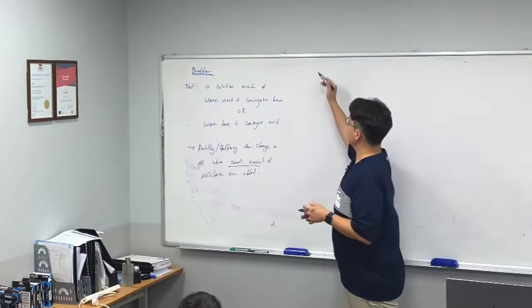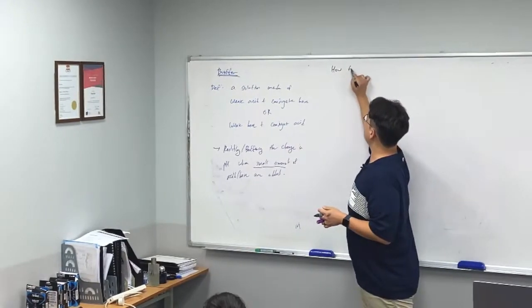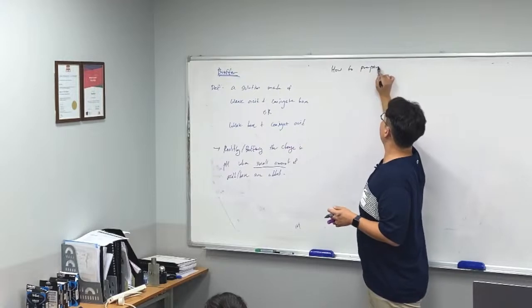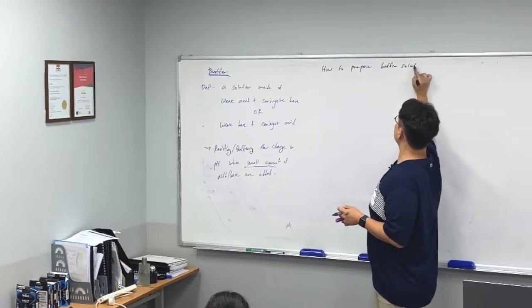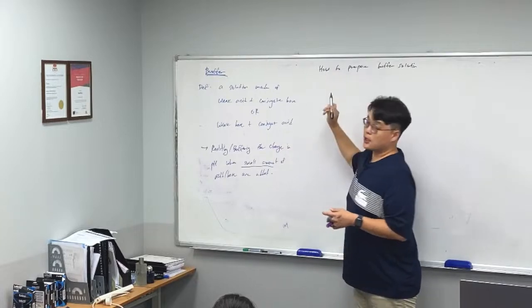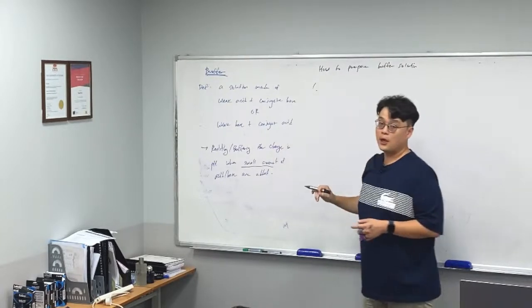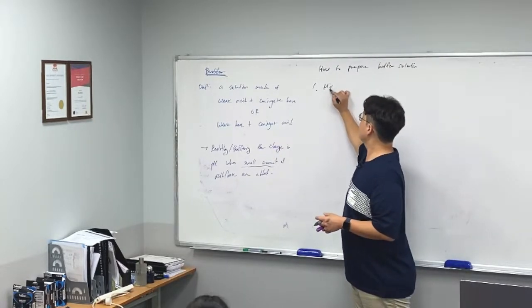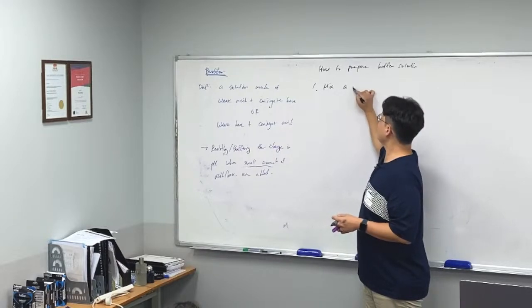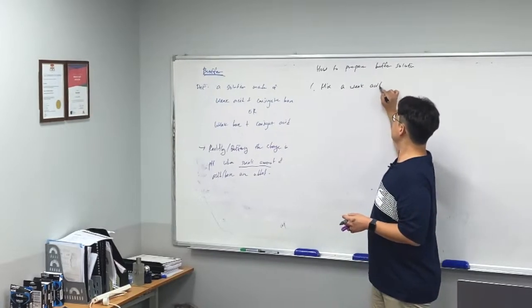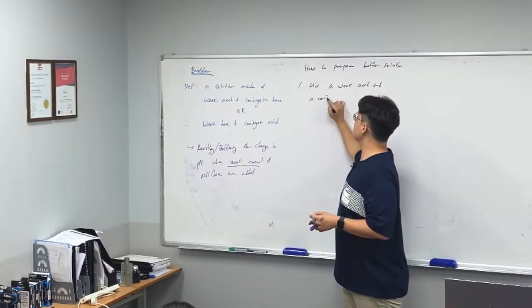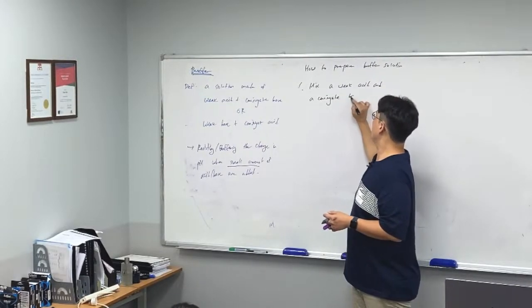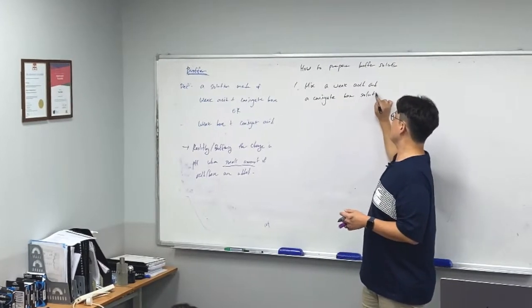The second part is that you need to know how to prepare the buffer solution. As I introduced last week, there are two methods. One, you basically mix a weak acid and a conjugate base solution together.